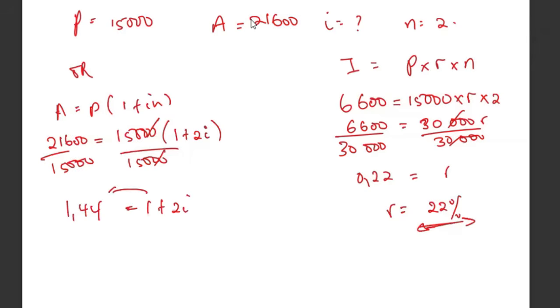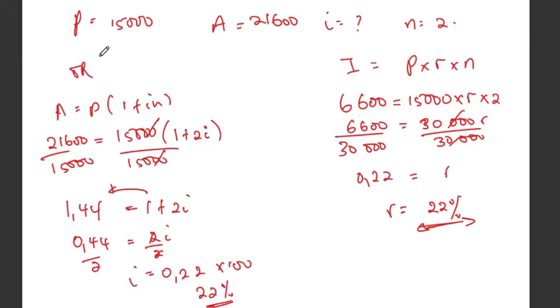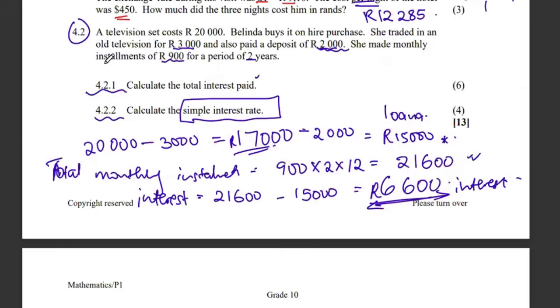Let's move the 1 to that side. It's a subtraction, so 0.44 is equal to 2I, then divide both sides by 2. I becomes 0.22, multiplied by 100, which is 22%. So that is how the interest would be calculated also.